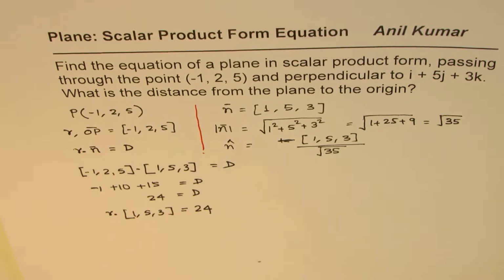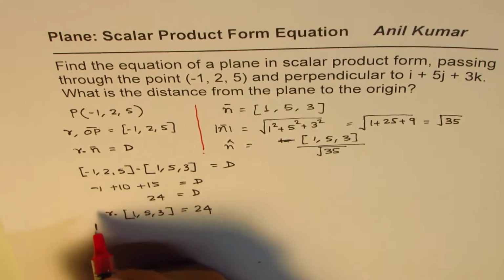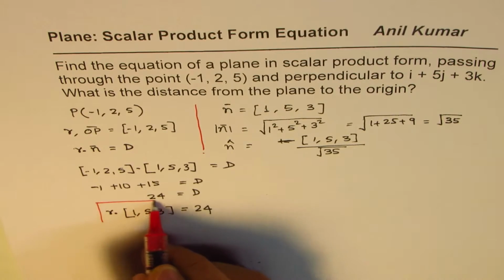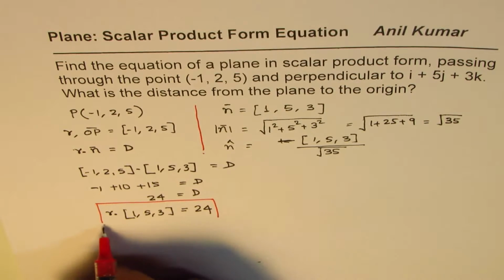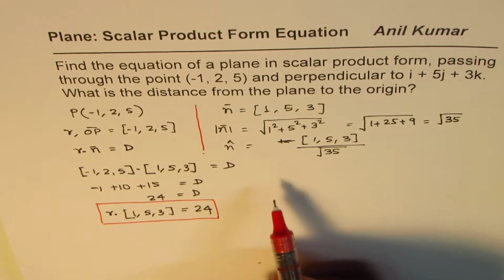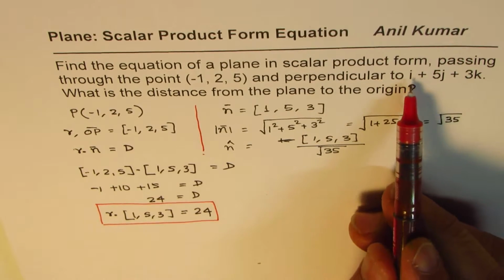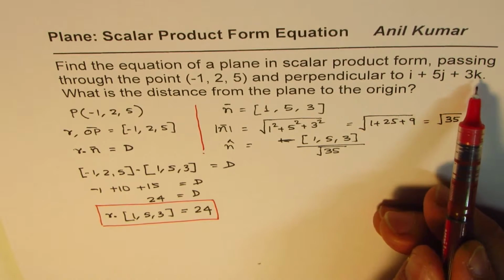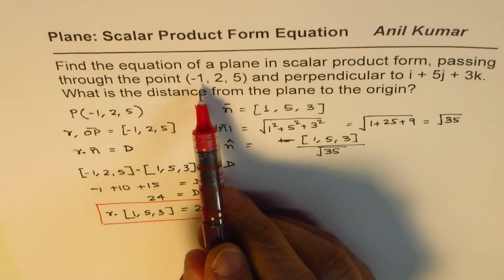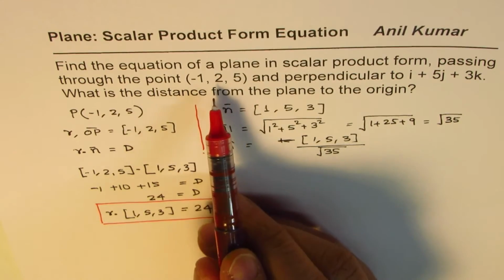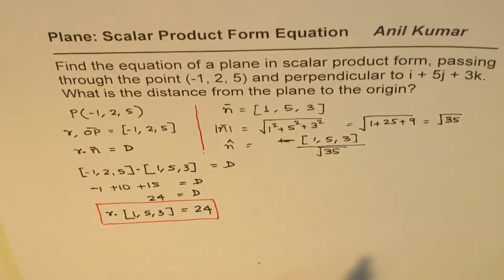So that becomes the equation, right? So this is the equation for the plane which is perpendicular to i plus 5j plus 3k and which has the point (-1, 2, 5) on it, right? So that is the equation.